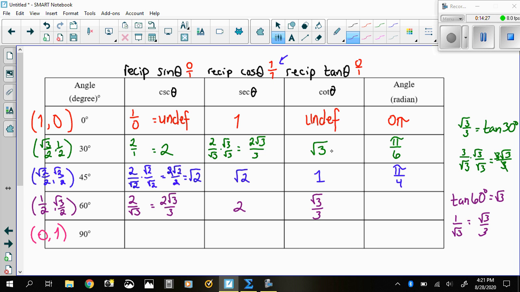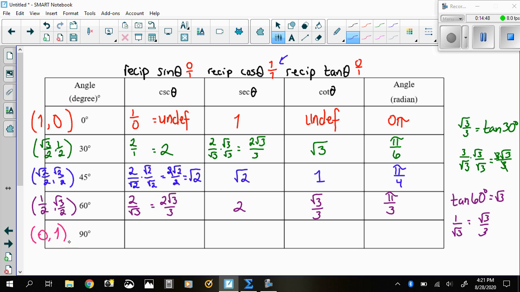So you'll notice that these numbers on 30 and 60 tend to switch places with the previous values. So the cosecant and the secant end up having the same value but on opposite angles. Okay, and then this is pi over 3.